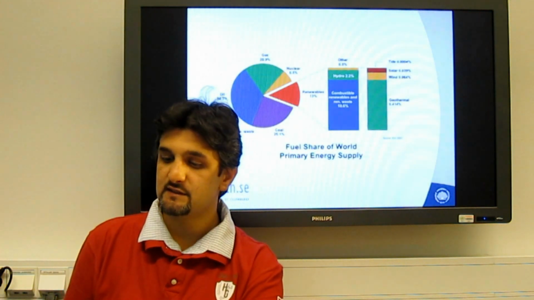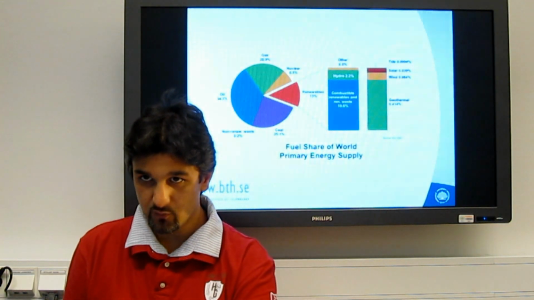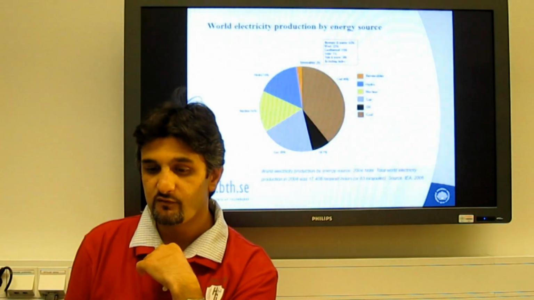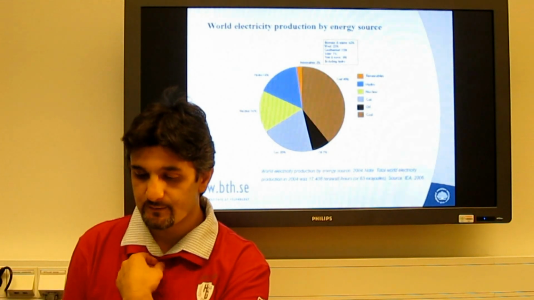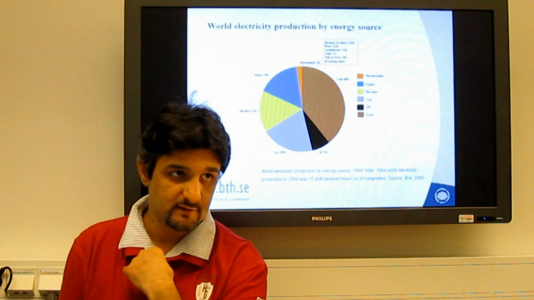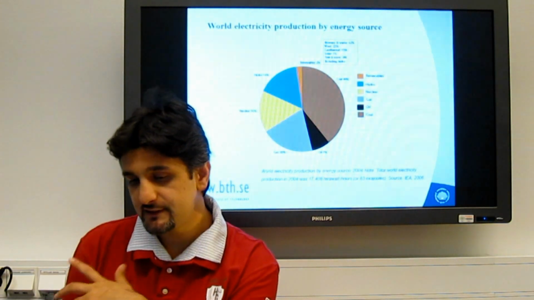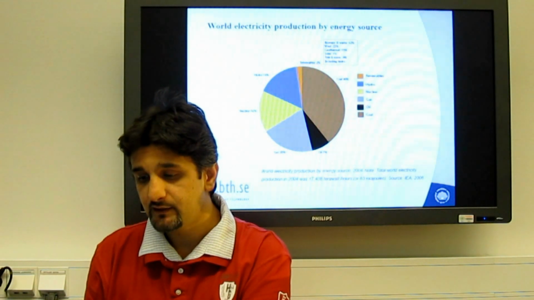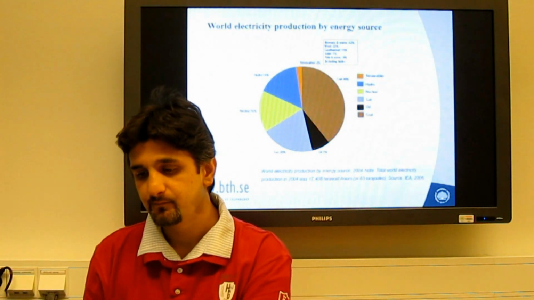So as you can see there, renewable energy is just 30% of the whole thing, and you can see how it's going to be divided. The world electricity production by energy source: oil is 7%, gas 20%, nuclear 16%, hydro 16%, and coal is the big one, 40%.